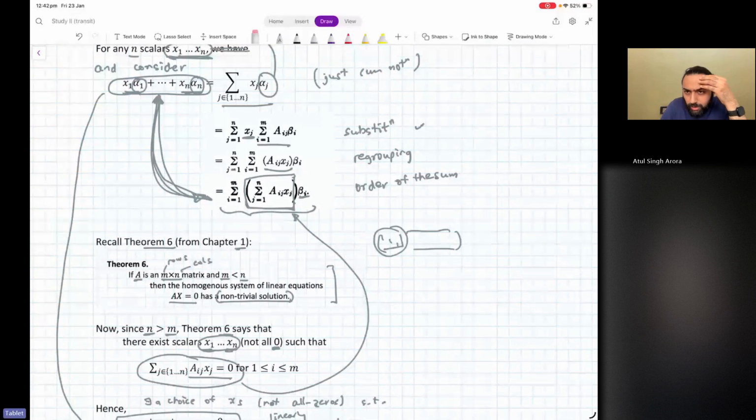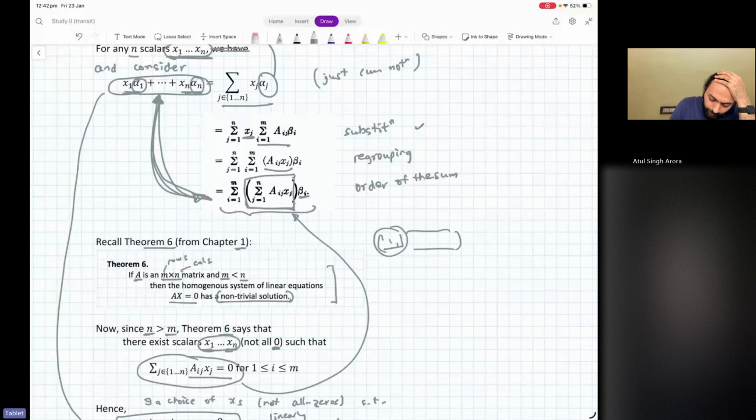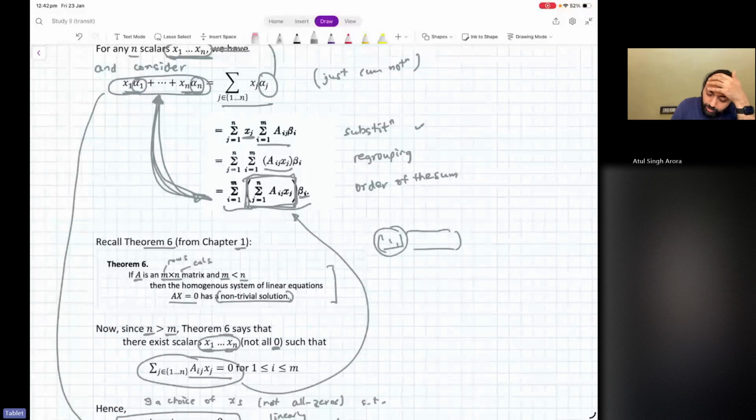Stay unmuted, so I sort of know whether things are making sense. Okay. So we have this form, right? And now the idea is that we want to argue that this linear combination is 0. This is what we claim.